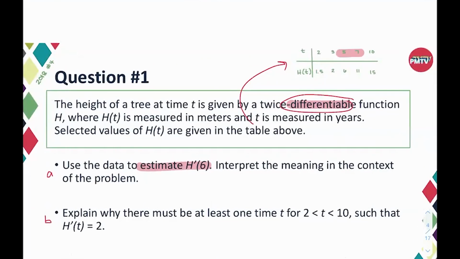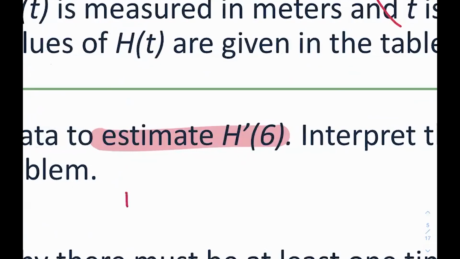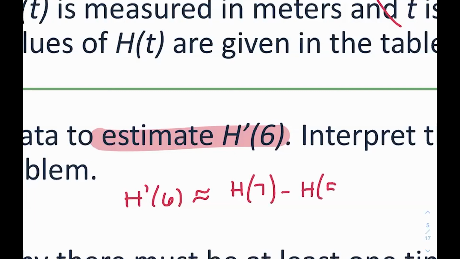So that will look like this. h prime of 6 is approximately, it is not equal to, it is approximately equal to the slope of the secant line between 7 and 5. So a nice pretty slope formula right there.